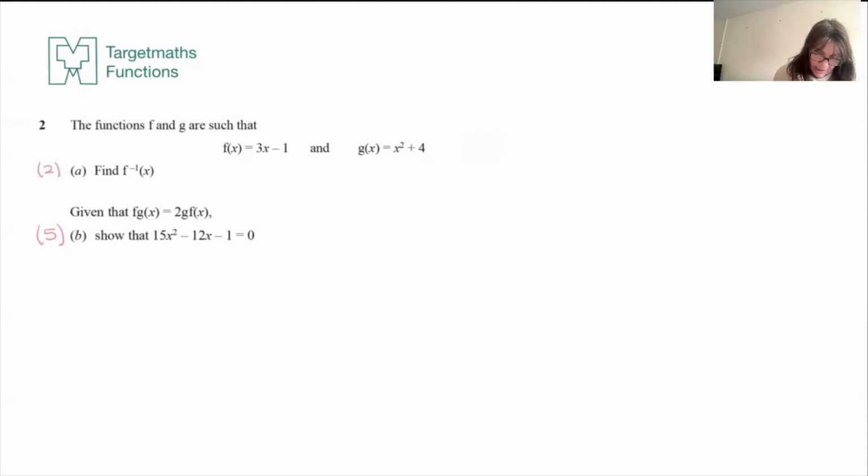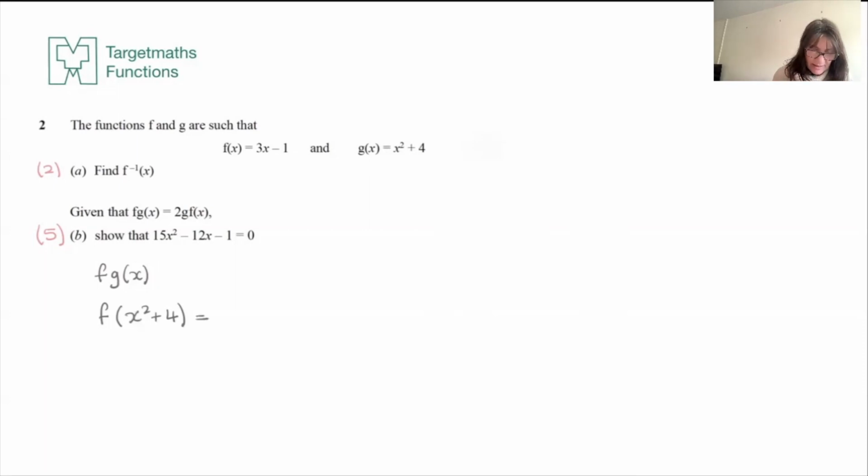So let's look at our fg(x). This tells me I've got the function of x and I'm dropping g of x into it. Now, g of x is x squared plus 4. So I'm dropping the algebraic expression in. I'm not putting a value in, finding a result, and putting that in, I'm putting the algebra in.